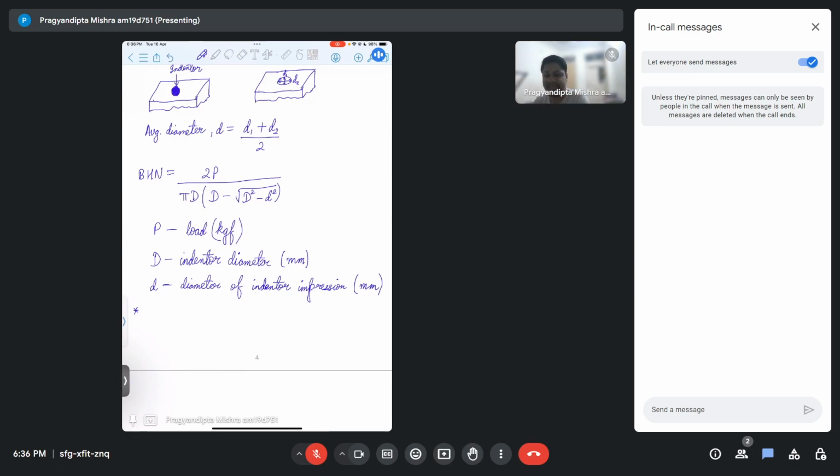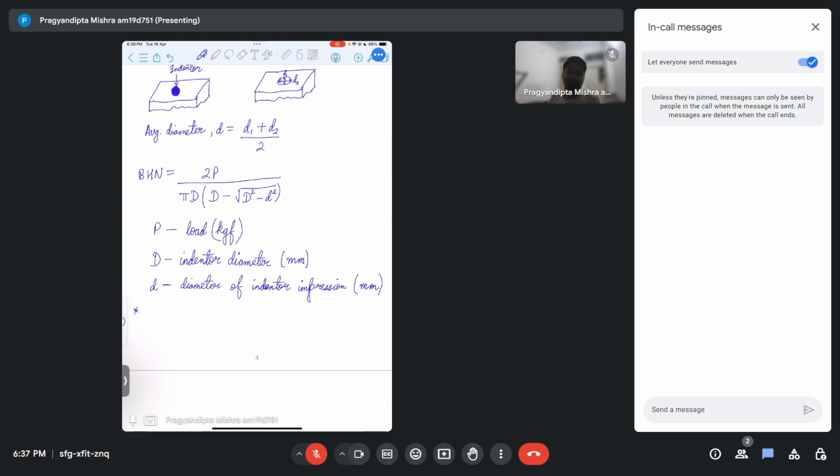So like I was saying, it is not reliable at very high hardness values, that is greater than 400.